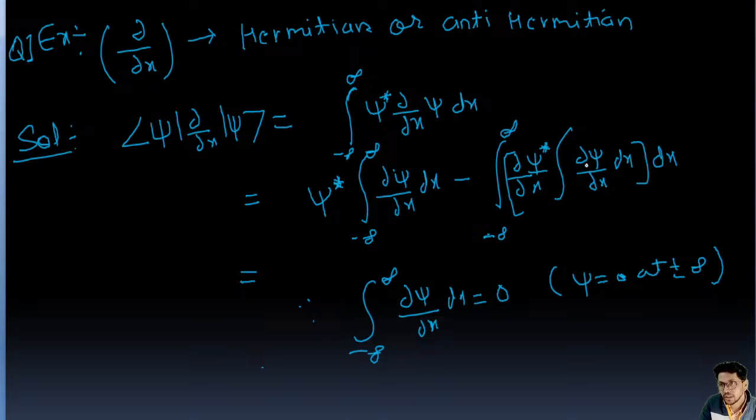So integration del psi over del x dx, so it is going to be this integration, right? So this value is going to give 1. How we can say that: this is integration, this is differentiation, this value is 1, and this is going to be psi.